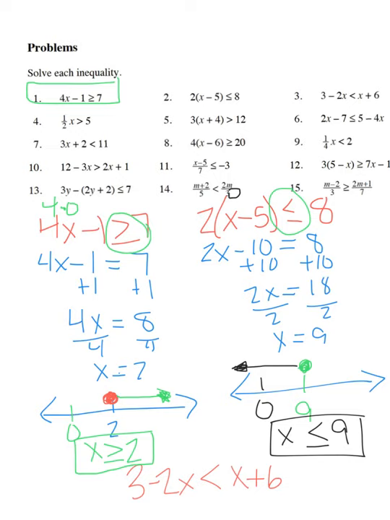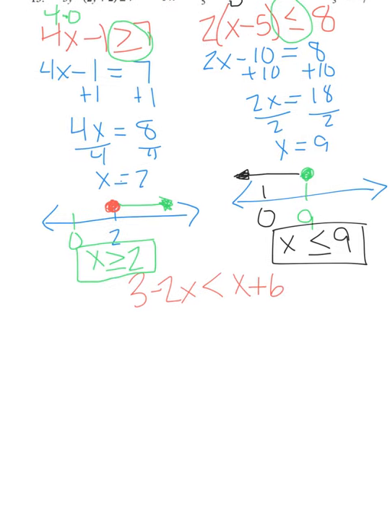Alright, do one more. This is number 3. So again, the same deal. I'm just going to solve it as if it was an equation. I want to get x by itself on one side, and I want to get the number on the other side.